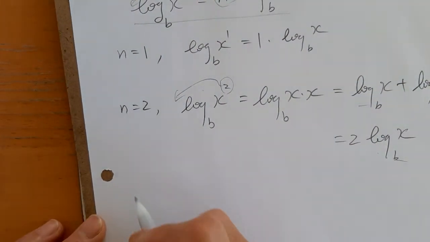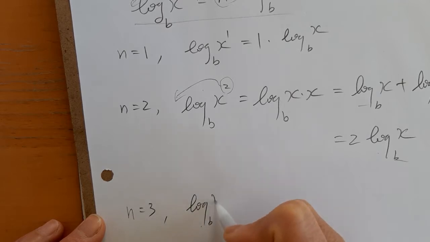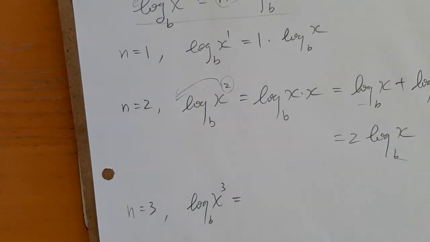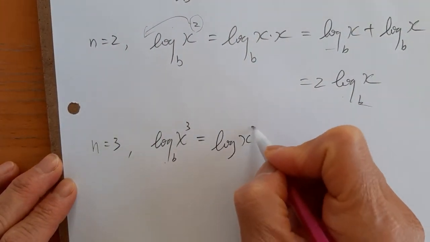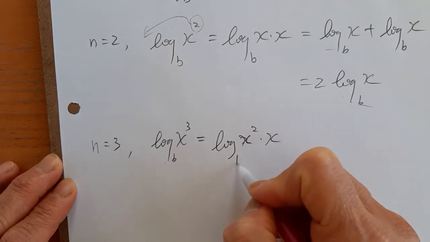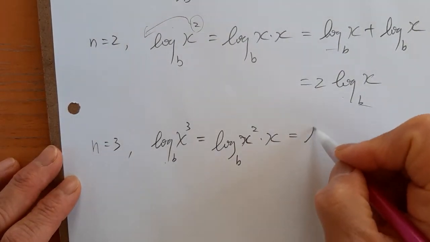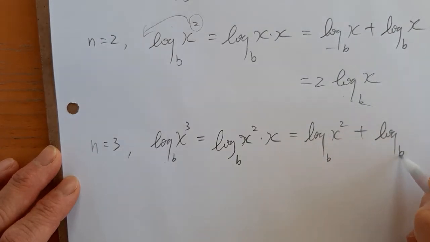Then you can prove when n equals 3. When n equals 3, it is log of x cubed. Plug it in. That equals log of x squared times x, base is b. And use the product rule again. That is log x squared plus log x.